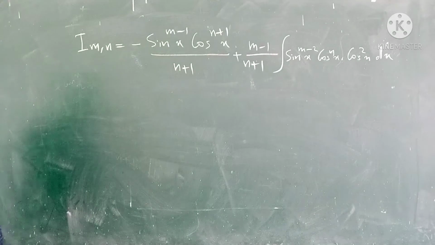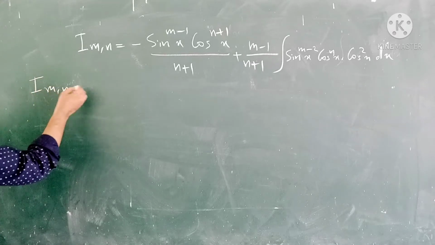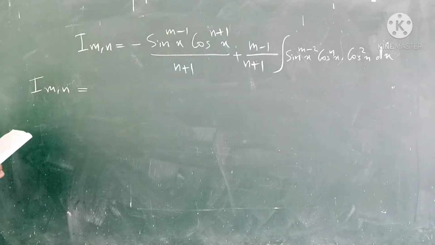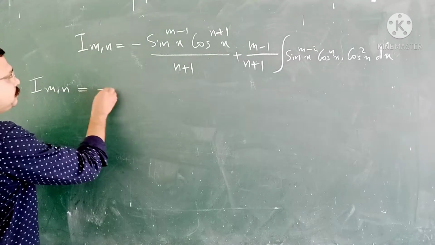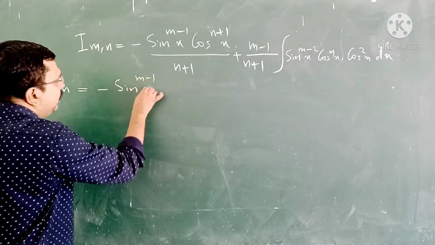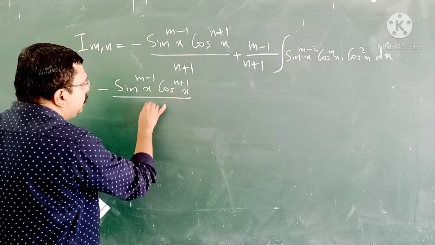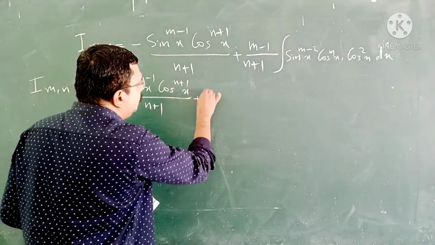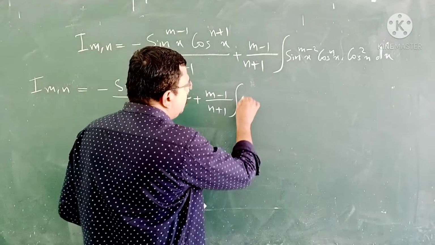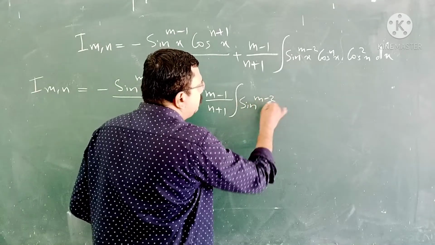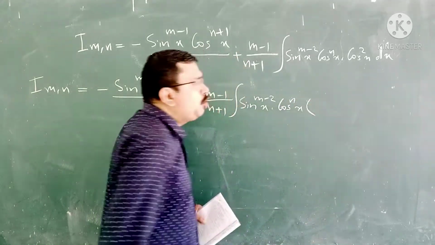Then the next step is, that is our I_mn is equal to minus sin^(m-1) x into cos^(n+1) x divided by n plus 1, plus (m-1) by n plus 1 into the integral of sin^(m-2) x into cos^n x into cos^2 x.